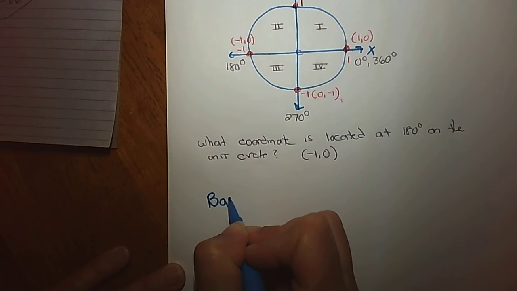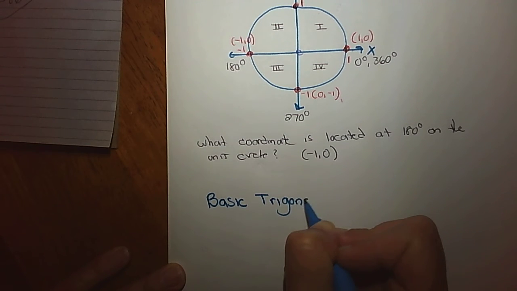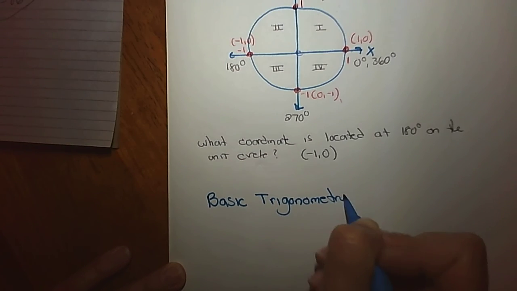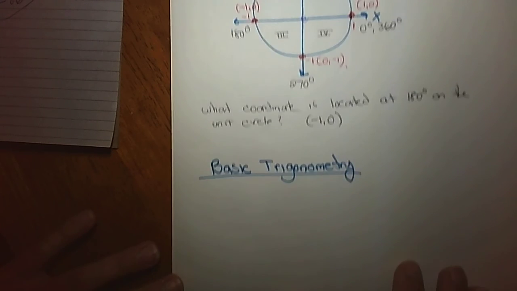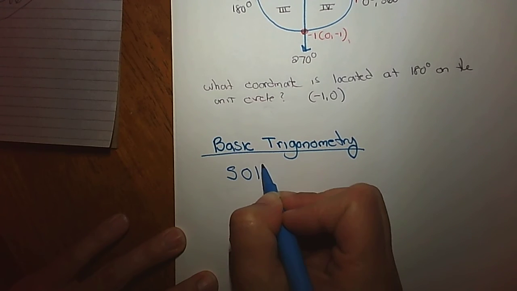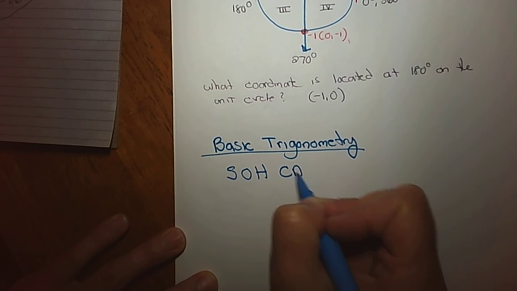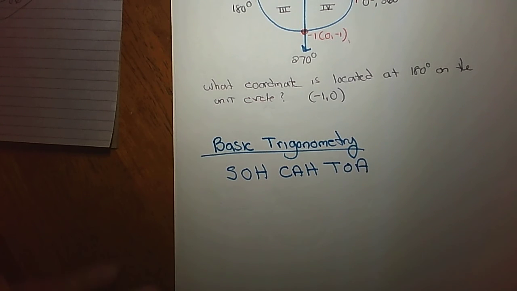Now the reason why this is important is because eventually we're going to bring in trigonometry. So what I want to talk about real quick is basic trigonometry. And then next time we're going to put it all together. And what I mean about basic trigonometry is our saying SOHCAHTOA. And what I want to talk about is what each of those letters stand for.